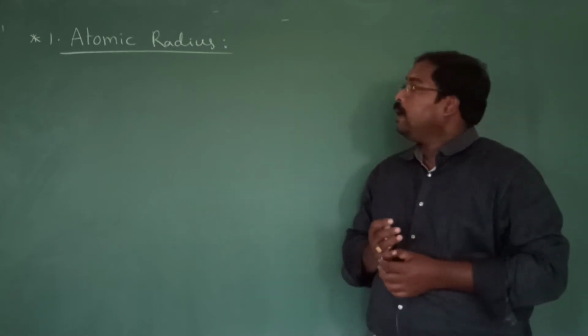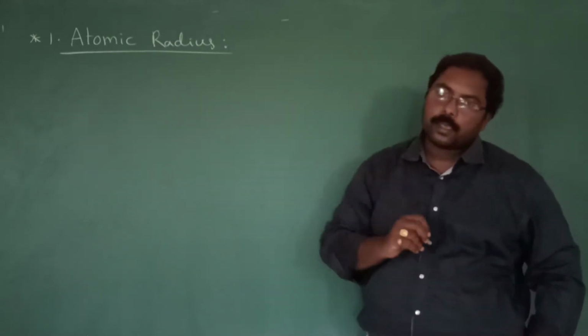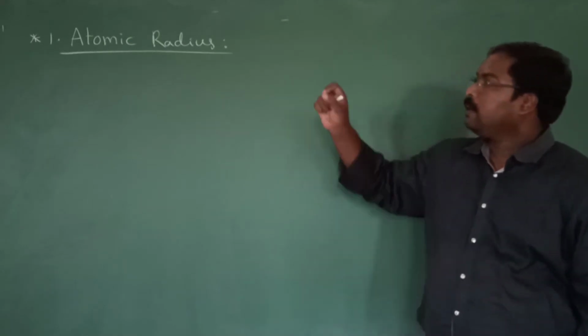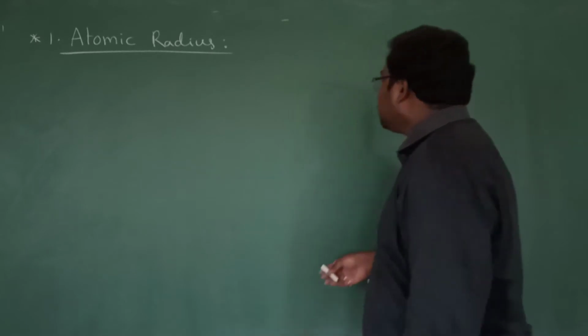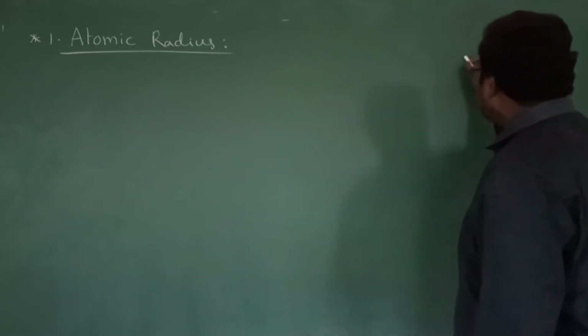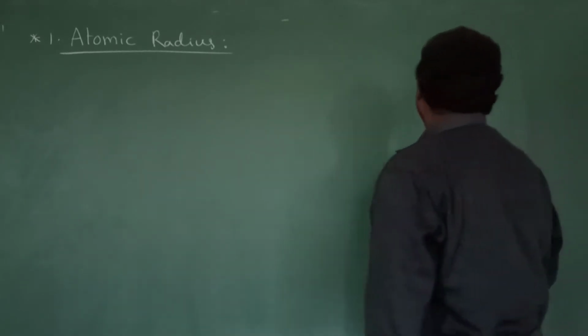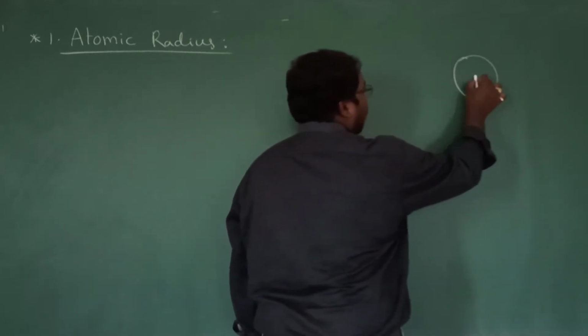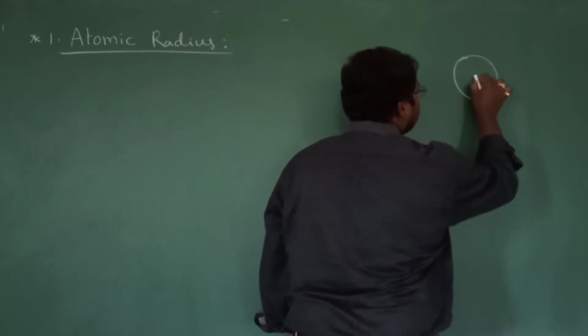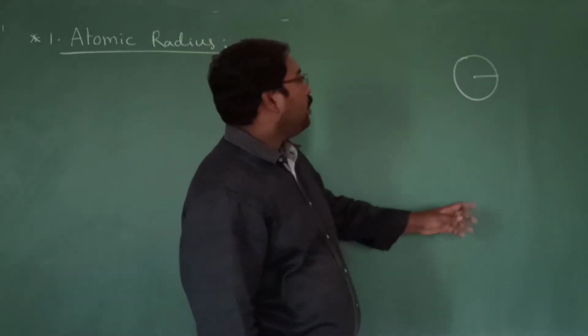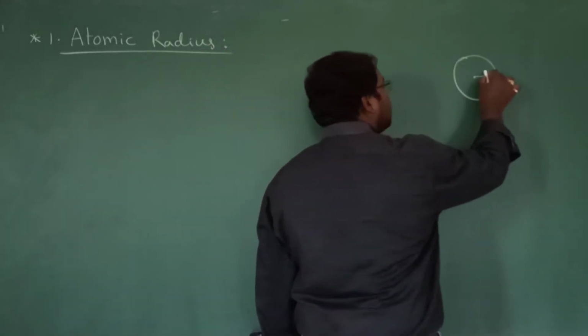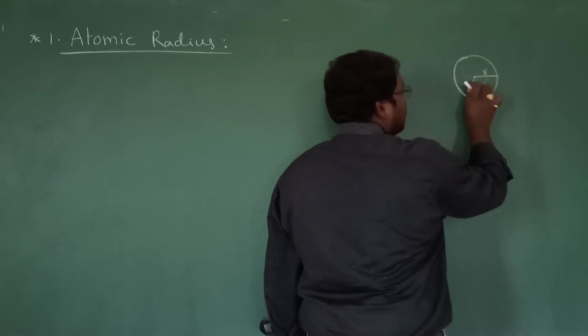Now coming to our first property, atomic radius. What is meant by atomic radius? In mathematics, in the lower classes, every one of us knows that for a circle, radius means the distance from the center.